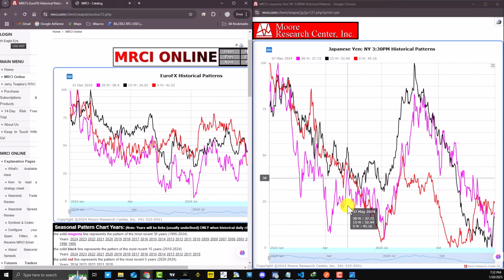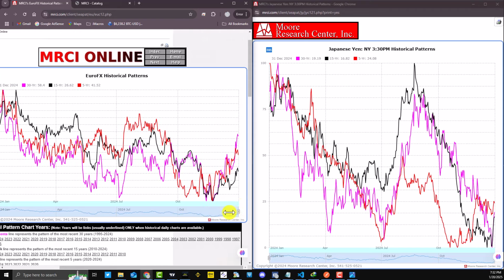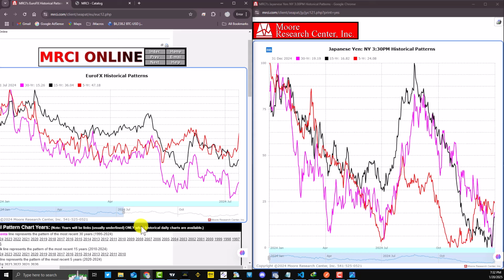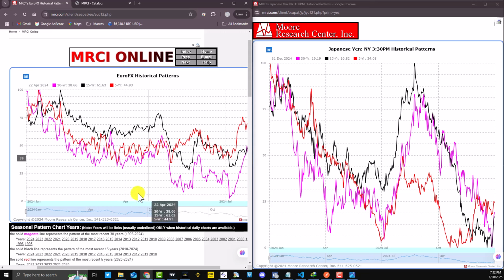Yeah, so this is one way I consider my trades, using the seasonal tendencies. Let me zoom in a little bit. So you can use the same concepts for any other currency.